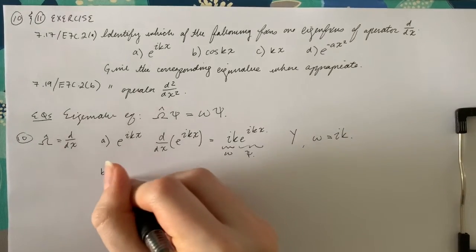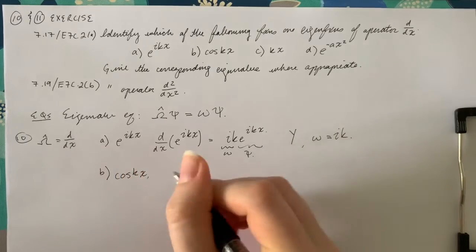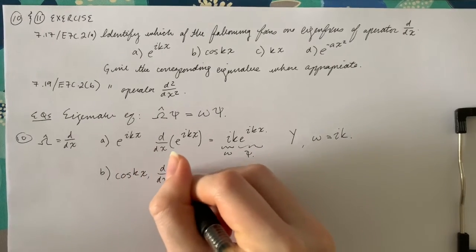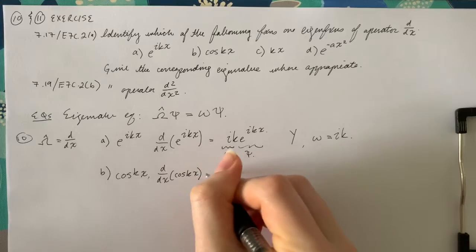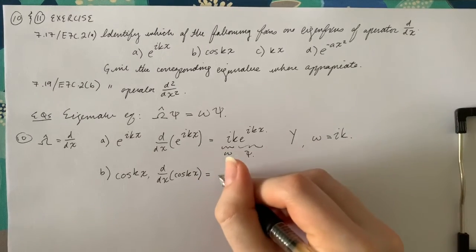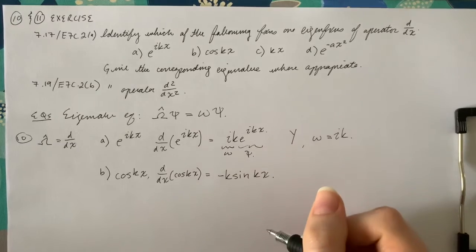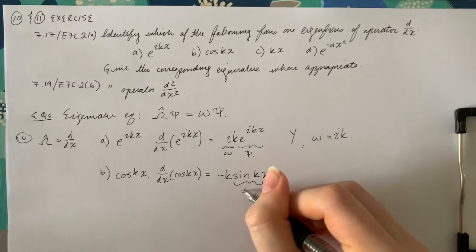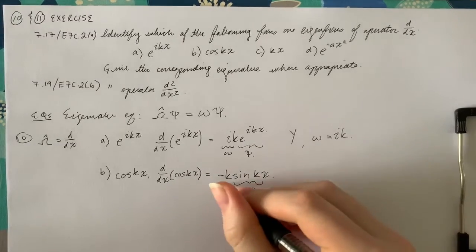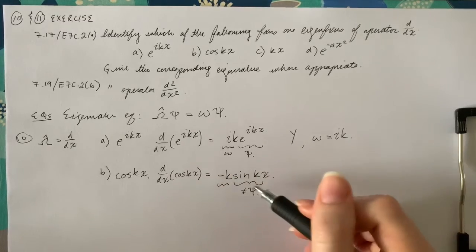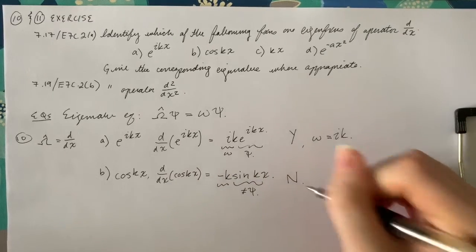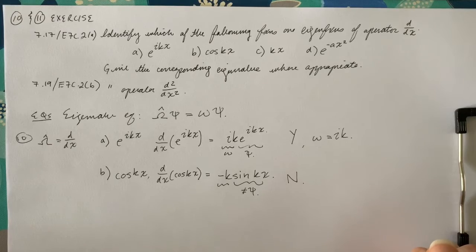For the next, cosine kx, we get negative k sine kx. So here, we don't have the same wave function, even though we do have a constant in front of it. So this is not an eigenfunction of this operator.